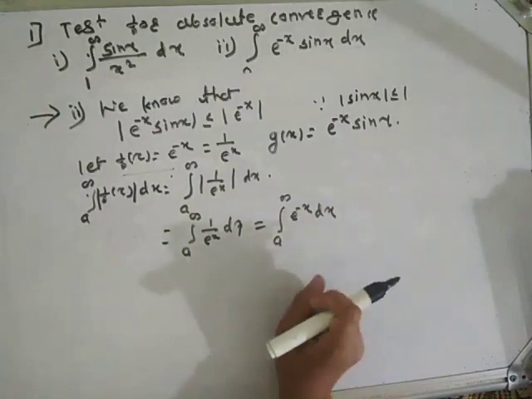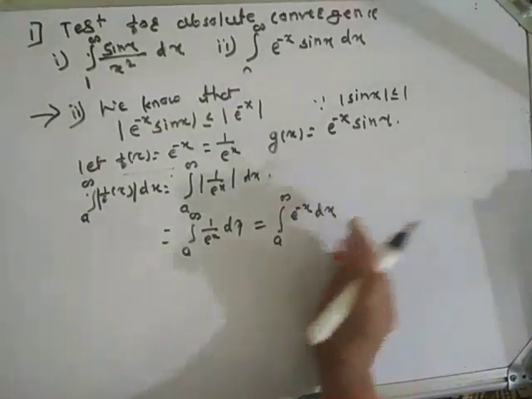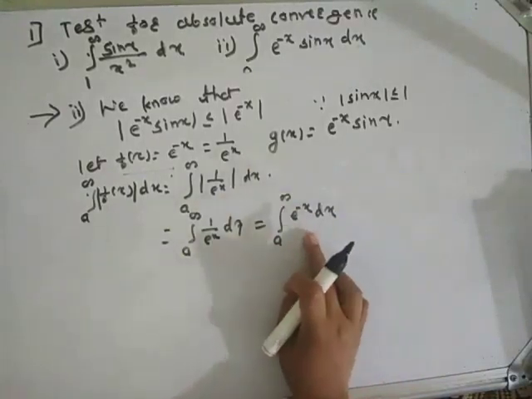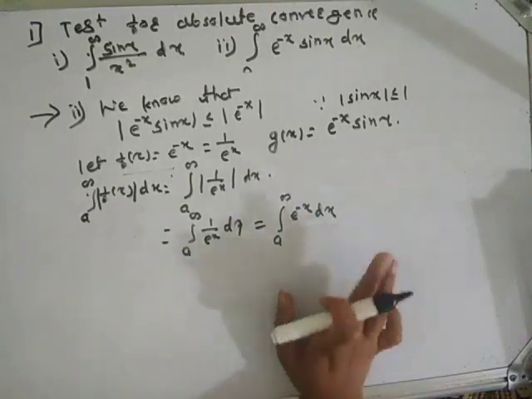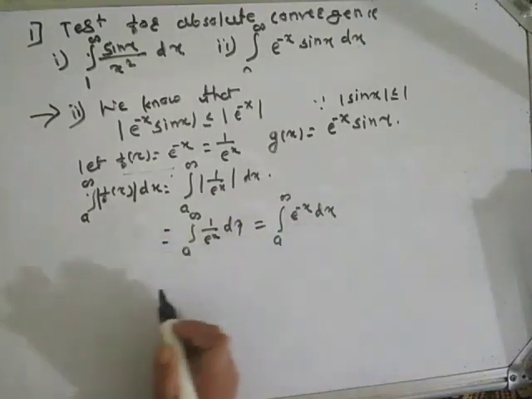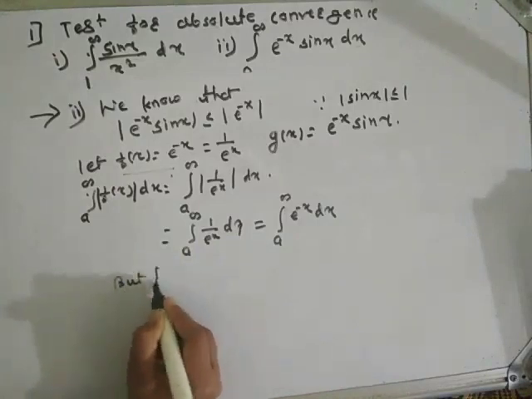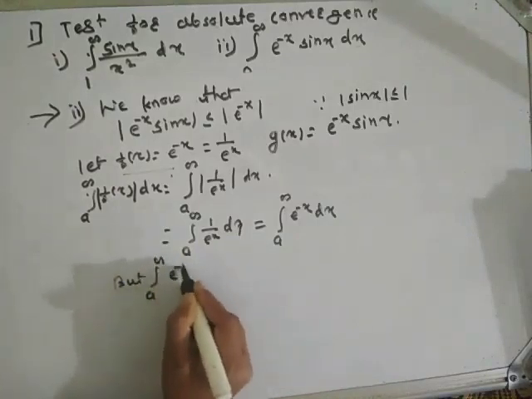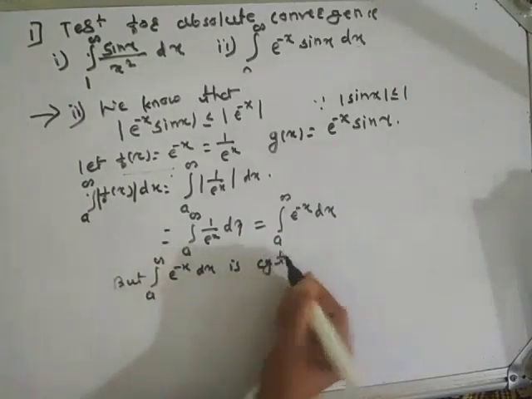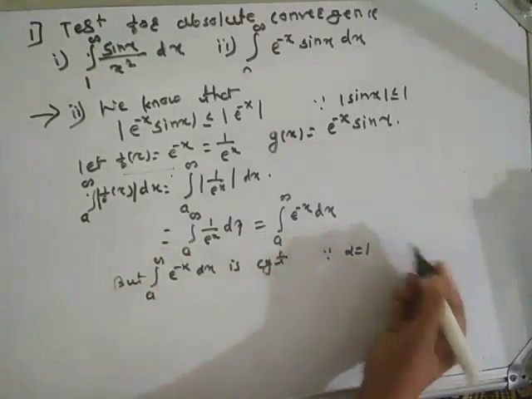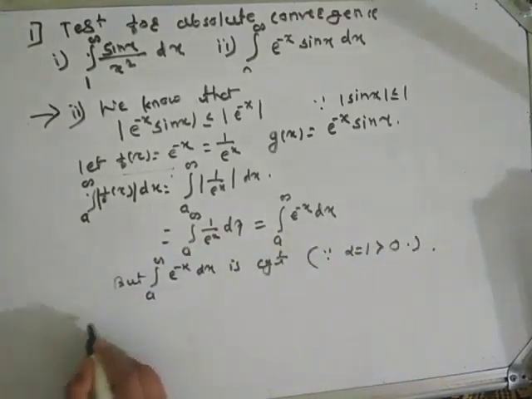Therefore, integration from a to infinity e raised to minus x dx is convergent, since alpha is equal to 1, which is greater than 0.